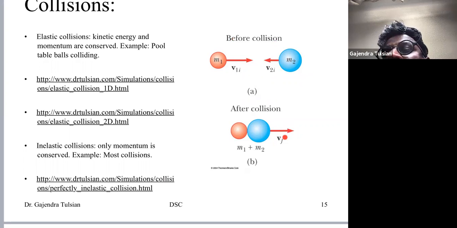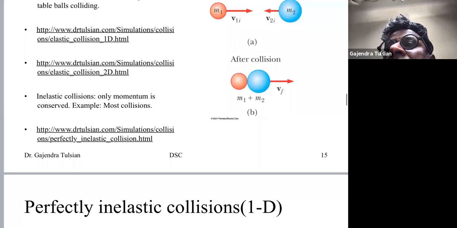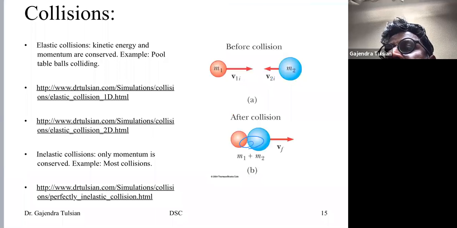And that's the law we learned. This is a perfectly inelastic collision when they stick together. And it turns out that from conservation of momentum, we can precisely calculate this velocity, and that's what you'll see in the next slide.